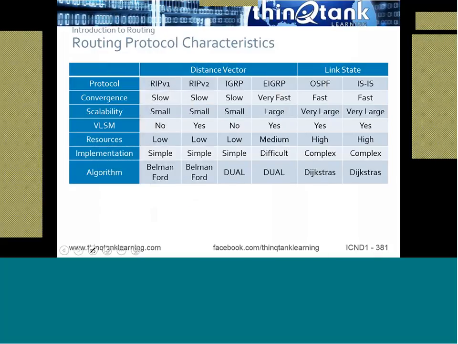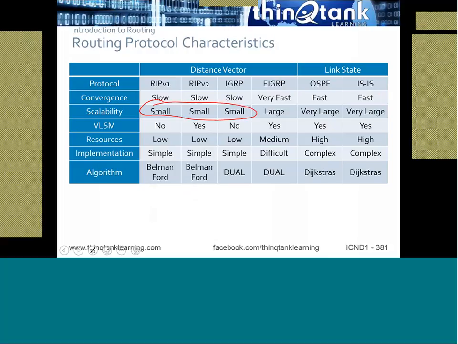All right? So here's a chart that identifies the pluses and minuses of each of these protocols. As you can see, my legacy protocols, their convergence time, pretty slow, right? Slow, slow, slow, whereas our link state and even EIGRP, very, very fast to converge. Scalability, small.